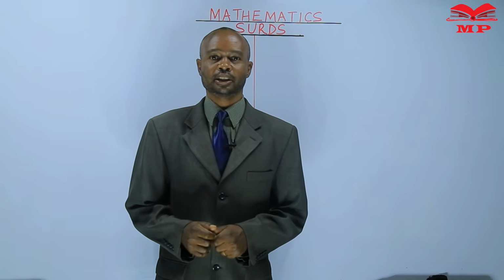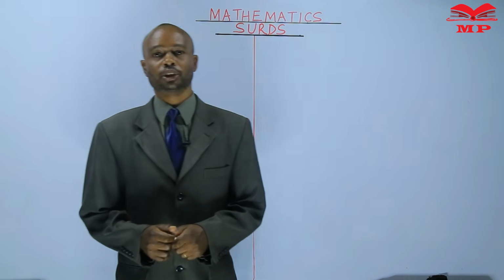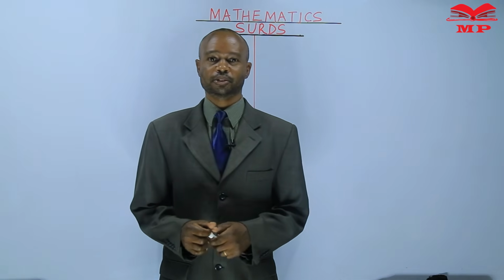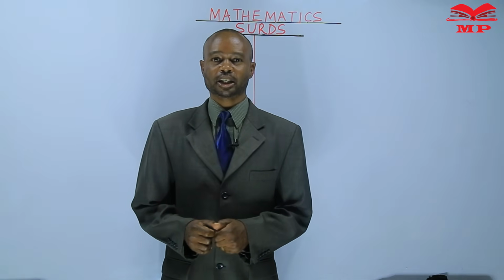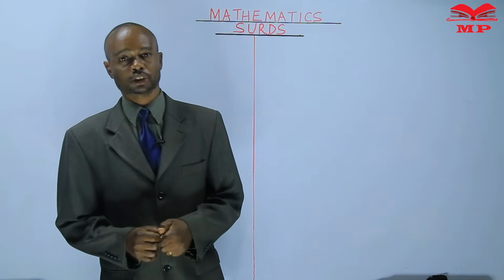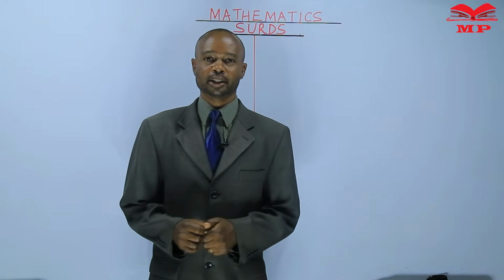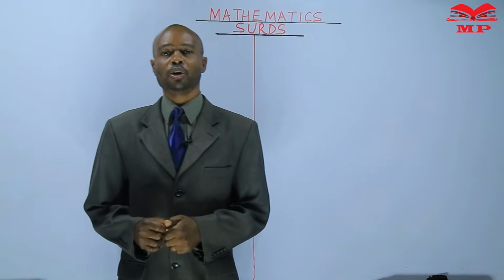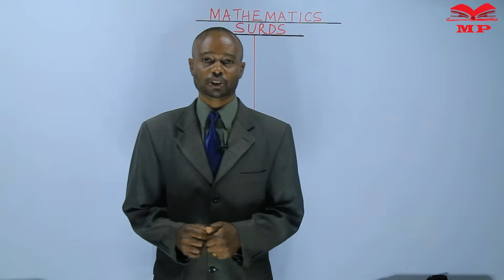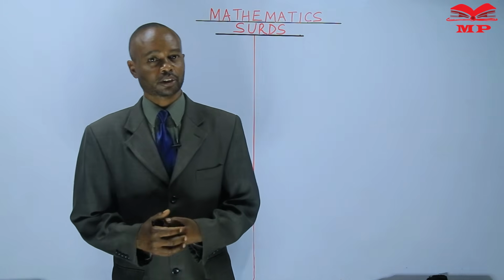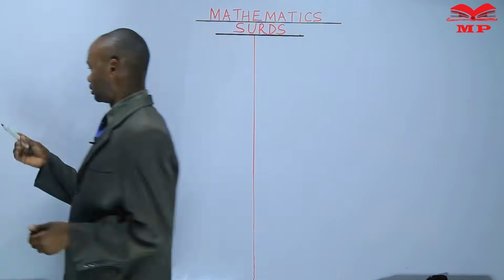And lastly, the learner should rationalize the denominator. But as they say, you cannot chew a lot at once. That's why in the first lesson, we are only going to look at rational and irrational numbers.